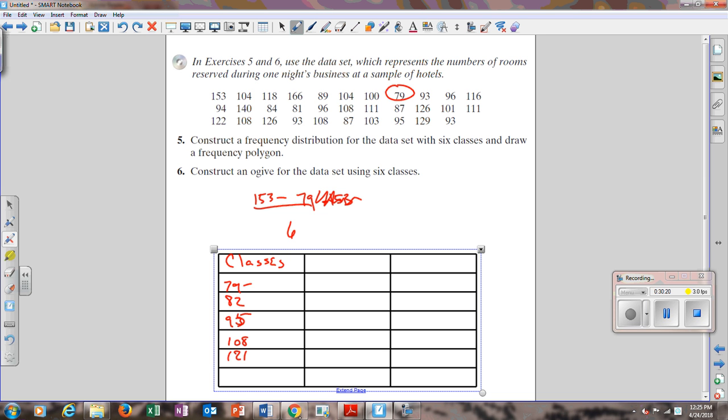This last one is going to be 125. It's 81, 94, 107, 120.